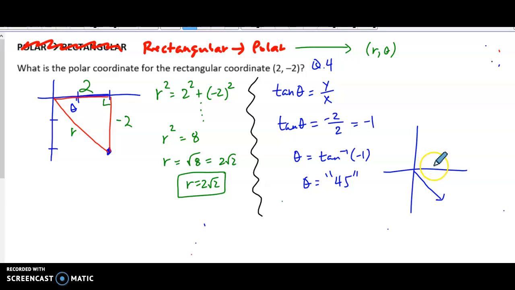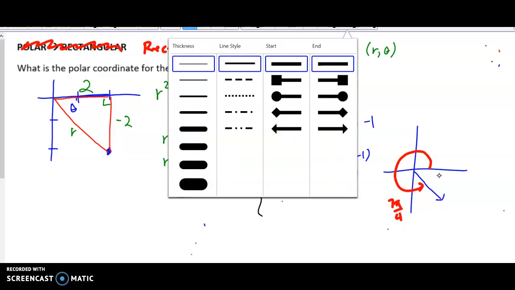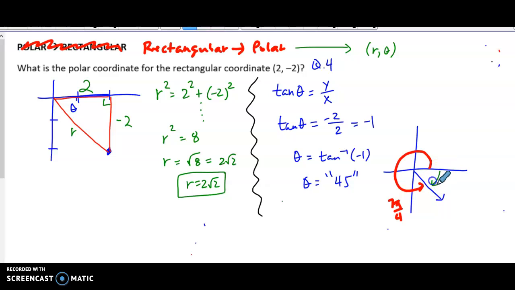You can write it like this, right? That's 7 pi fourths. You can go the other way, like this, right? That's going to be negative pi fourths. Okay. I don't care which way you go, actually.